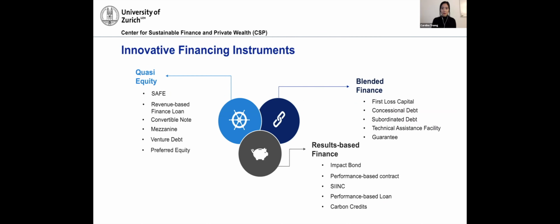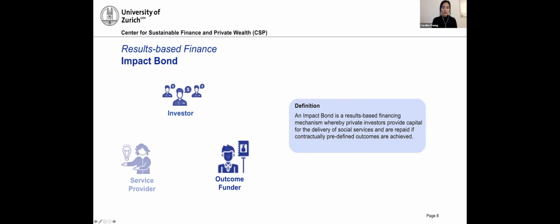So before we turn to the real world cases, we want to discuss these two instruments in more detail. The first one is the impact bond. The impact bond has been initially introduced as a way to increase effectiveness of government spending.